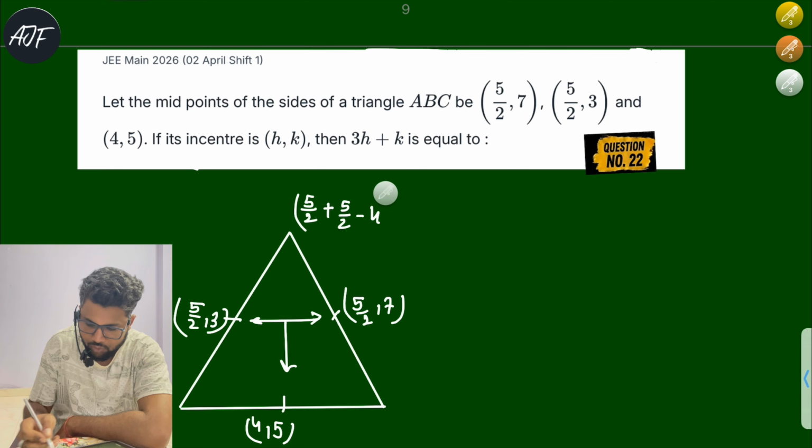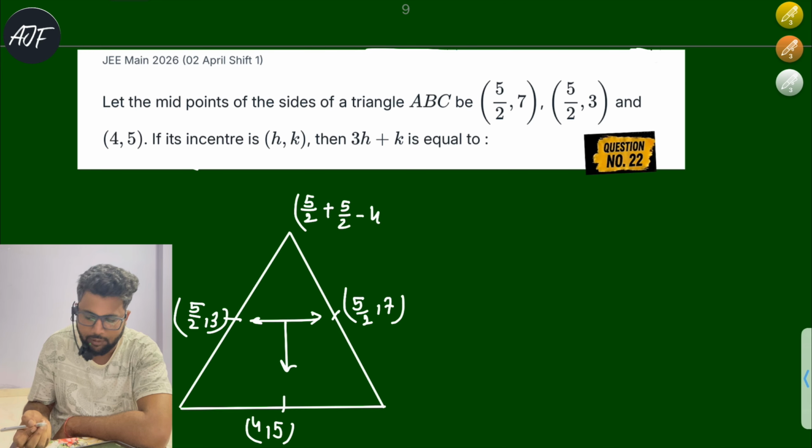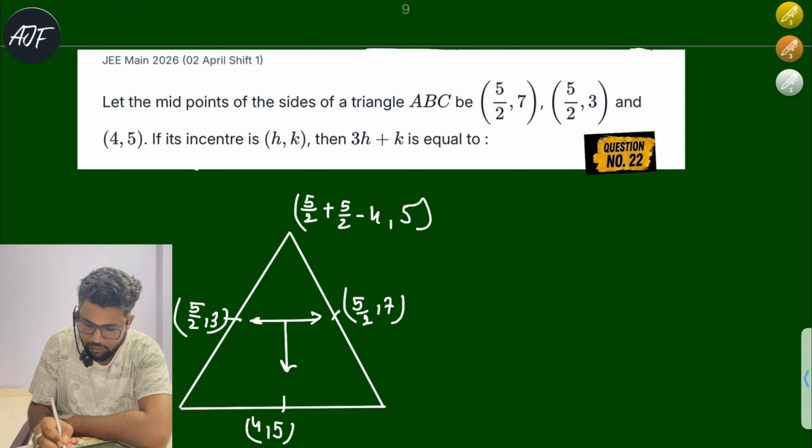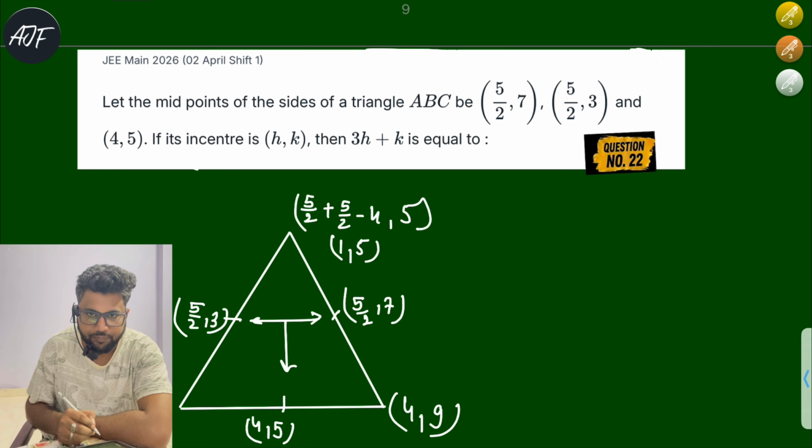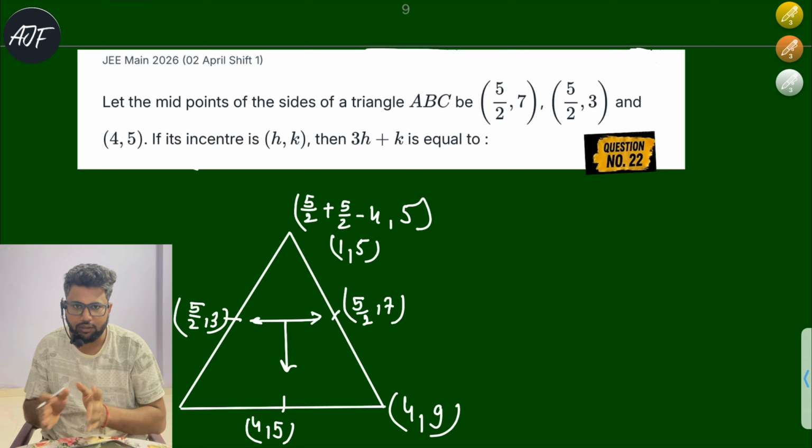Similarly, I'll use the formula with x1 and x2, the nearby coordinates added and the opposite one subtracted. Similarly 7 plus 3 minus 5 is 5. So one point is (1, 5). Similarly, add and subtract: 5 plus 3 minus 4 is 1. Similarly, 7 plus 2 only, subtracted, is 9, right? So easily these three points are possible.